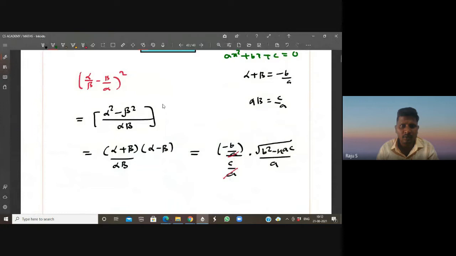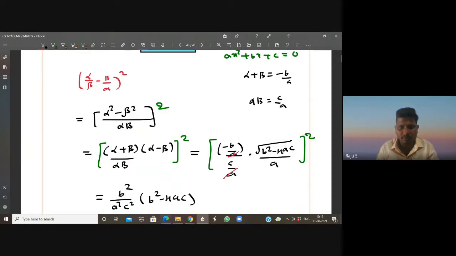This is whole square, so whole square we should write. Sorry, I forgot to write whole square. Whole square means here minus b is there, minus b will become positive. B square by a square, c square into b square minus 4ac. That's all.